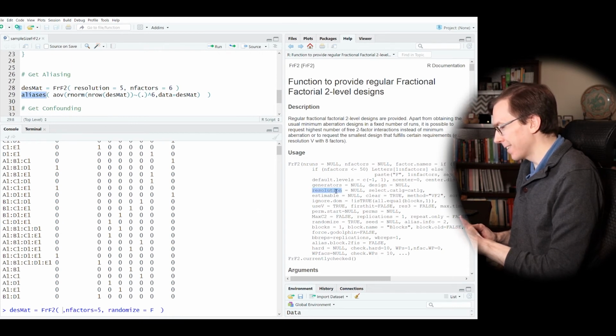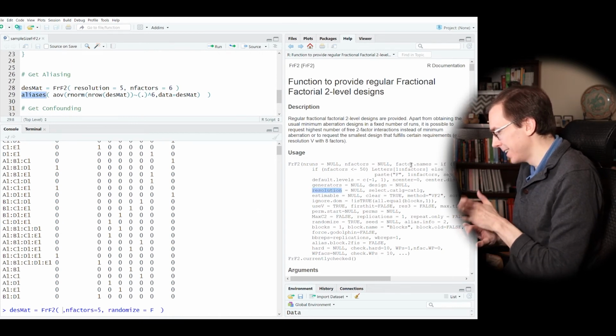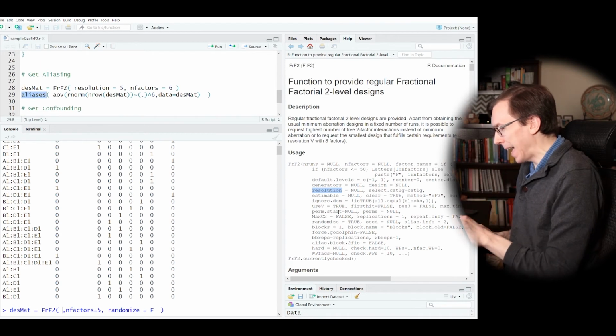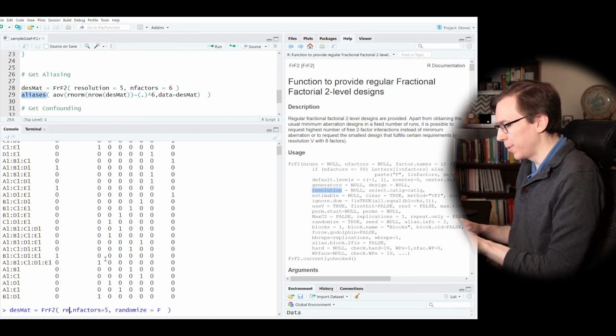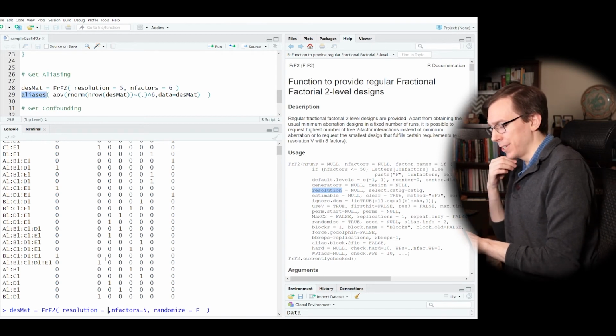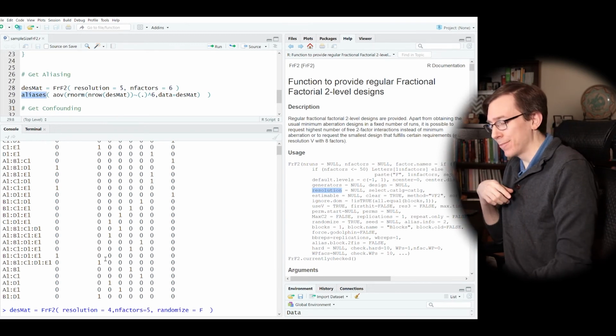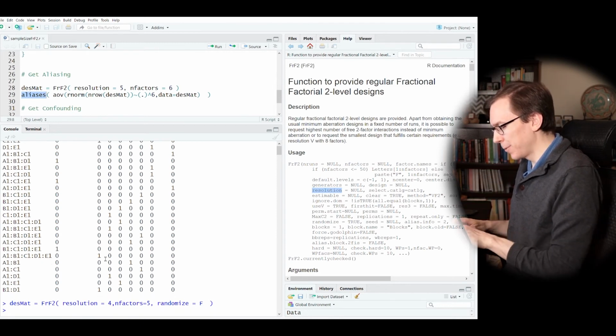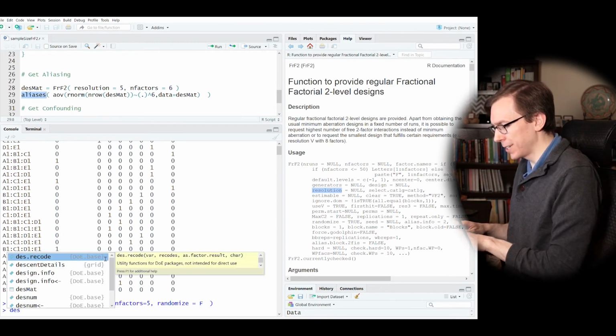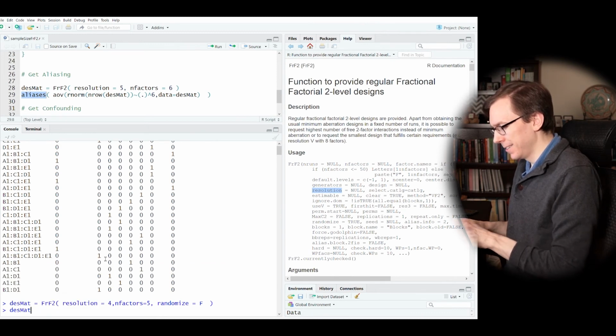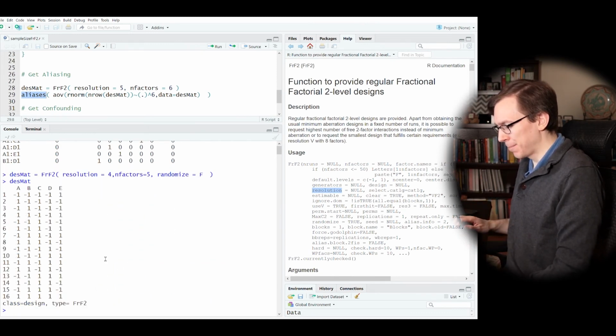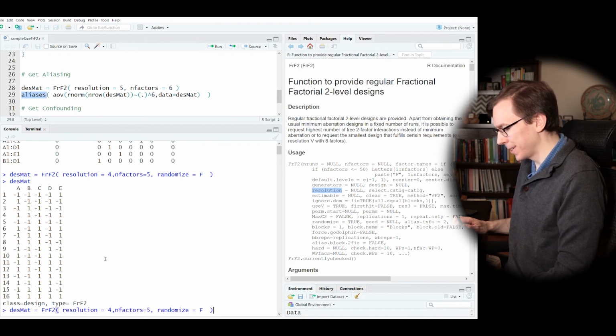I can give it a lot of other things, like generators and other aspects, blocks as well. But in this case, let's say I want a resolution 4 design. So I don't want to have those 3-level factors. Instead, I want a resolution 4, and it should give me, I think, 16 observations, right? Yep, so there's my 16.